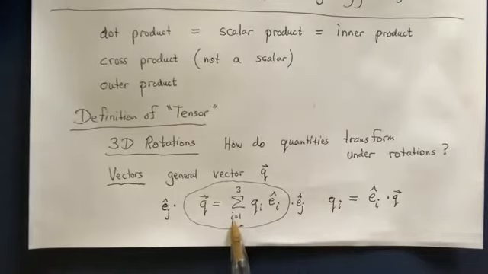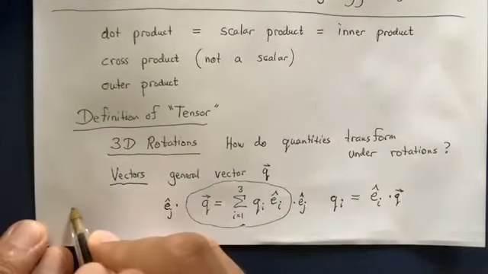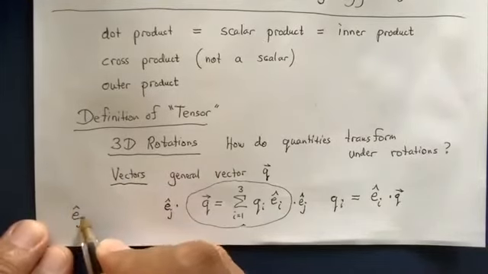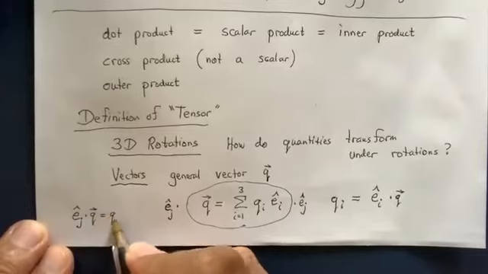But when the index of summation is equal to J, then you have this dot product evaluating to 1. So the upshot is we've shown that Q sub J is equal to this dot product over here, Q vector dotted into E sub J. The immediate conclusion is that E hat J dotted into Q is equal to the coefficient Q sub J.